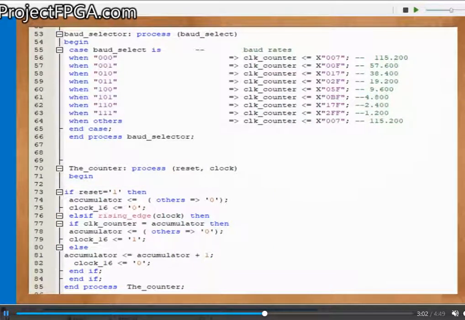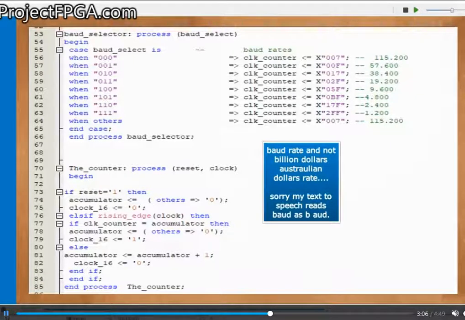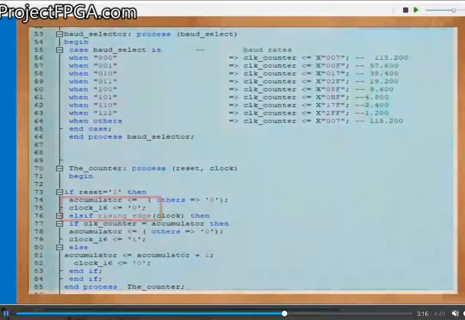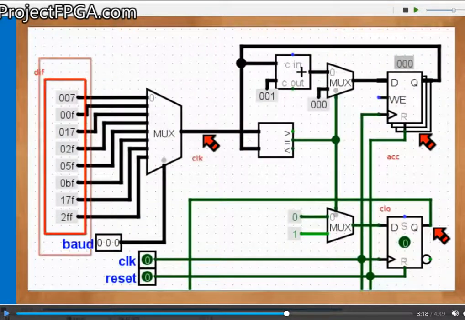Example, for 115200, the baud select is 7. Once the accumulator counts to 7, it resets and generates a signal which will be used for oversampling. This is stored in the clock 16 register, and this is represented in Logisim.